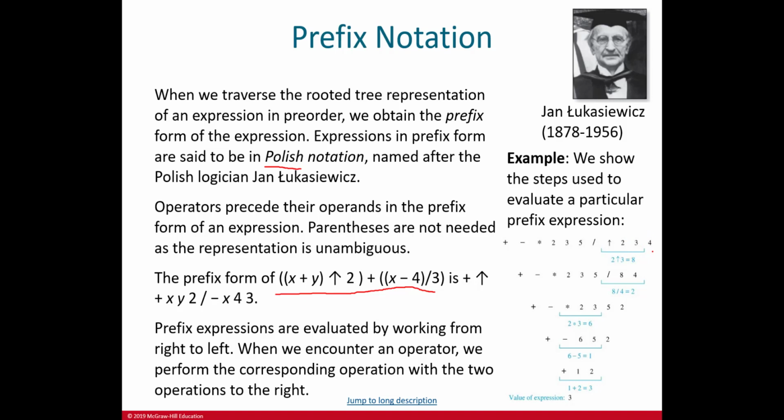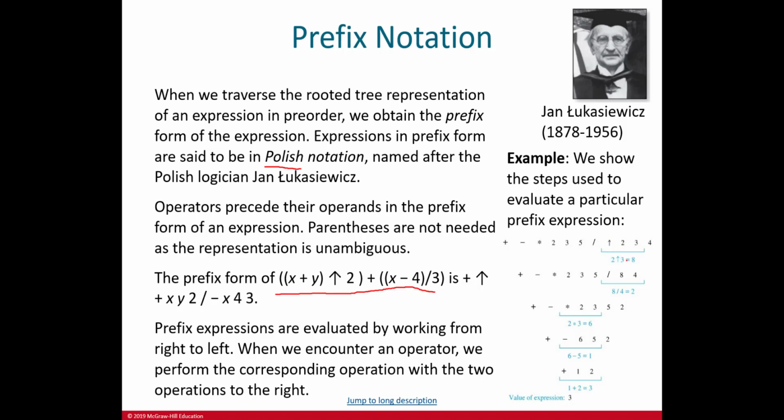But we cannot evaluate 3 4 because we do not have any operator. So we shift to the left hand side, starting from the rightmost, moving toward the left. Then another two operands we can choose is 2 3, and there is an adjacent operator which is raised to.